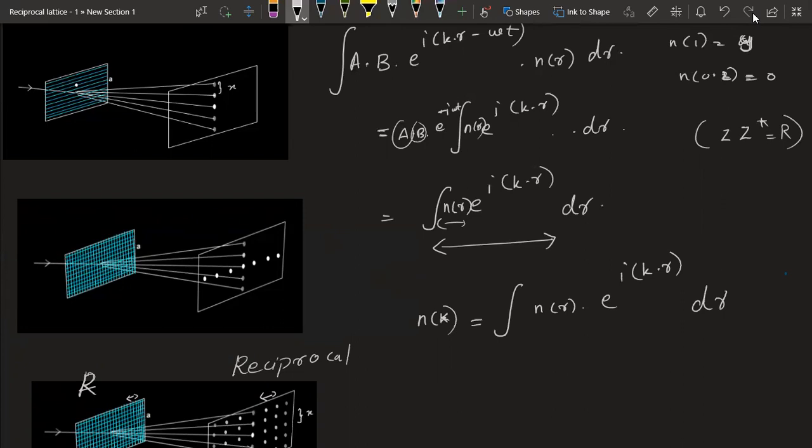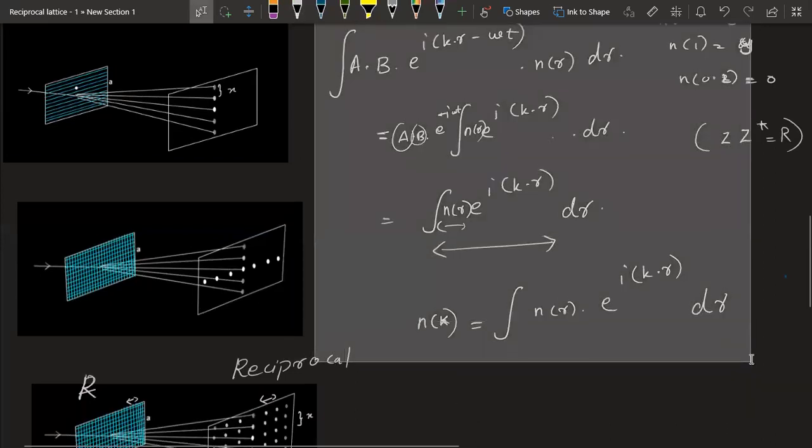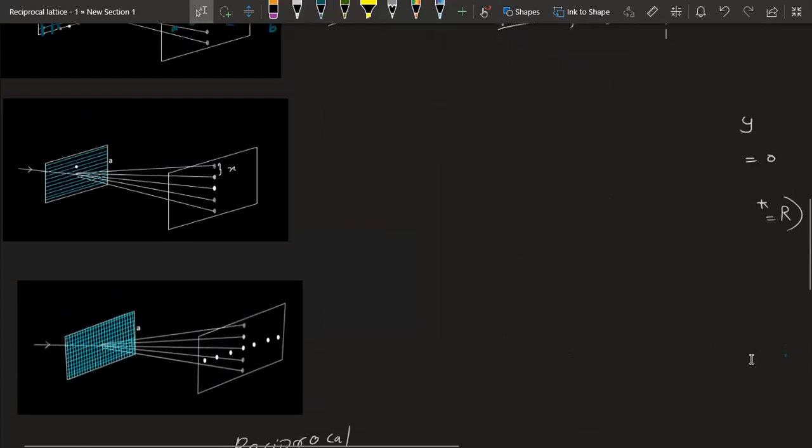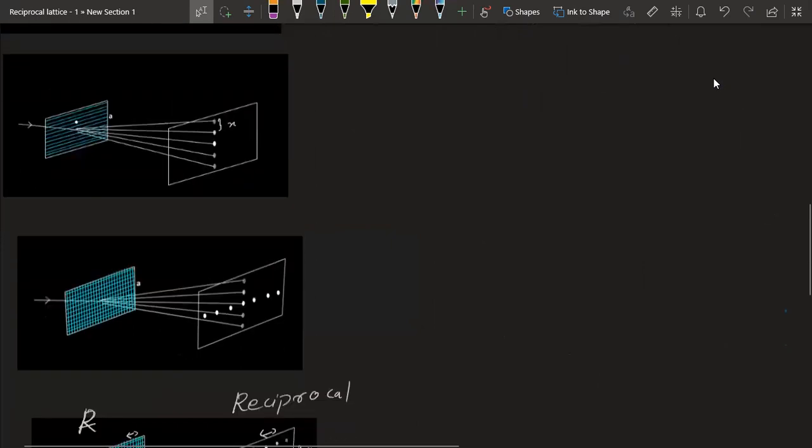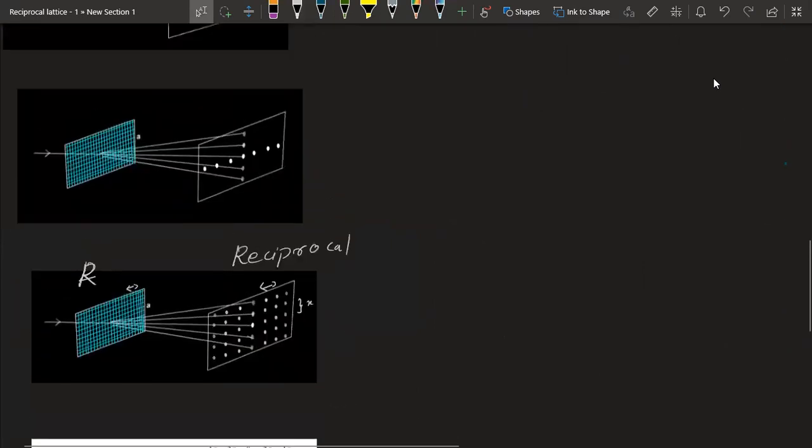By doing some math, we can show that this is the Fourier transform of real space. That's why we call the reciprocal lattice the Fourier transform of real space. We'll need that in a later lecture, and then we'll come into more detail about it. So you now understand why it's called a reciprocal lattice, what a reciprocal lattice is, what information we need and why we need it.